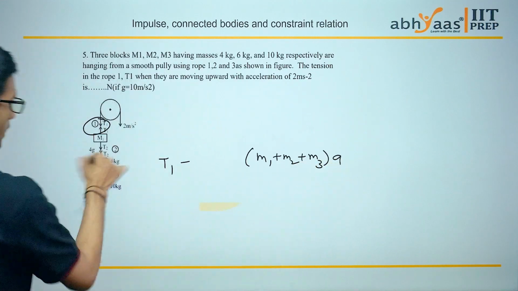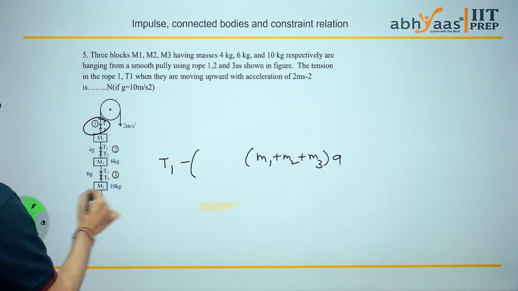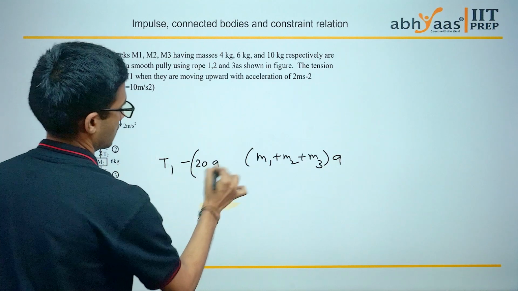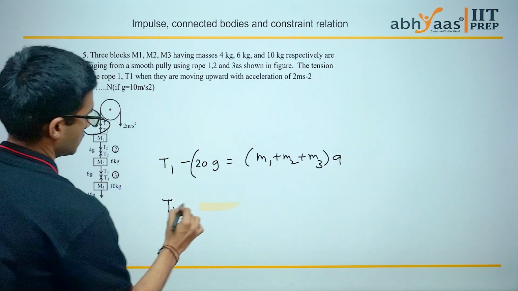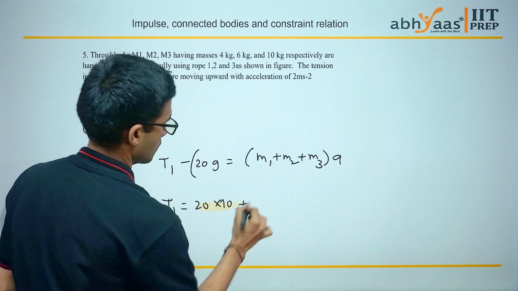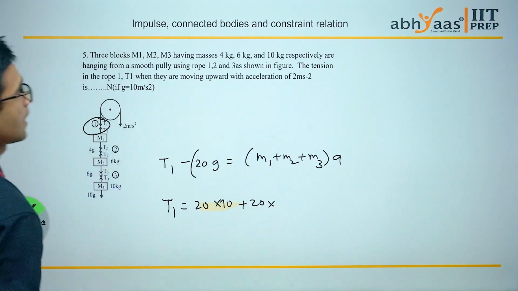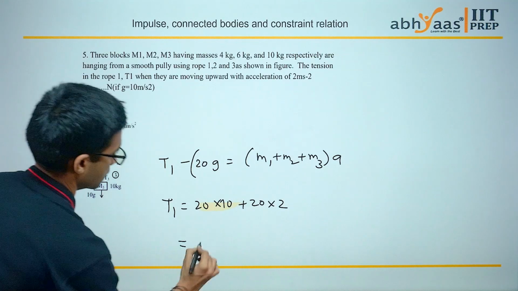Sum of masses, that is 6 plus 4 plus 10, that is 20 g, equal to T. So T1 is equal to 20 into 10 plus 20 into 2, the acceleration. So that is 240 newtons.